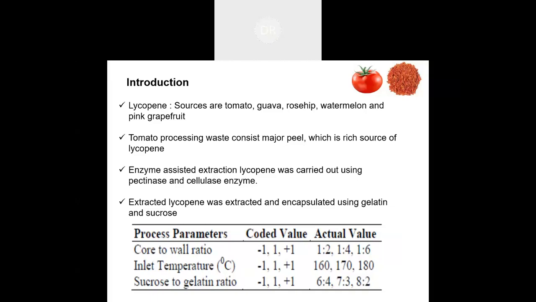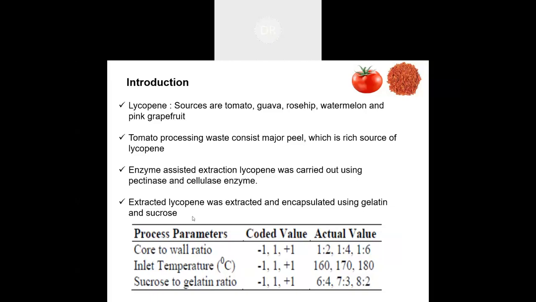This is generally considered as the precursor of vitamin A. During tomato processing, the waste, which means peel and seeds, is generally wasted, and this peel contains most of the lycopene present in the tomato.